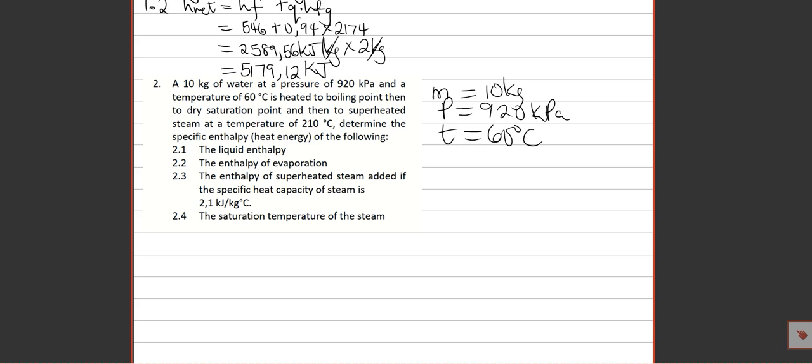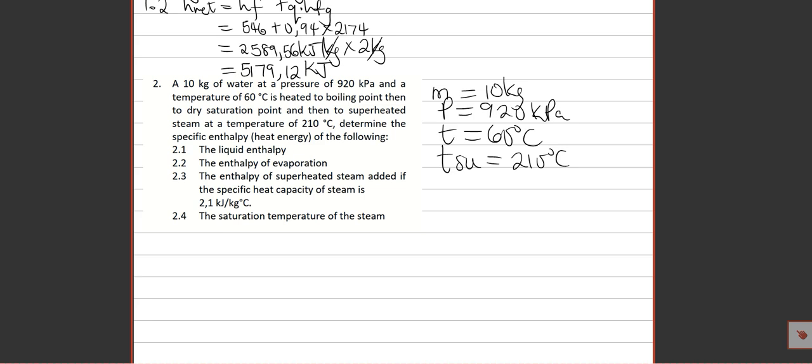It is heated to boiling, then to the dry saturation point, and then to superheated steam at a temperature of 210 degrees. So to superheated steam, it helps us to find our TSU, that's 210 degrees Celsius. We know this is as soon as it reaches superheated steam.